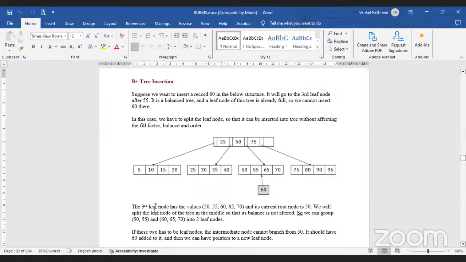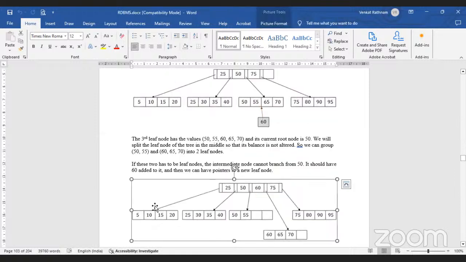See, we will discuss here. The third leaf node has the values 50, 55, 65, 70, and its current root node is 50. We will split the leaf node of the tree in the middle.